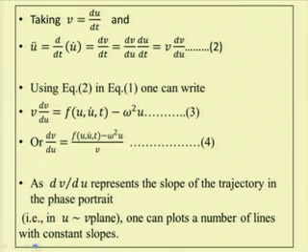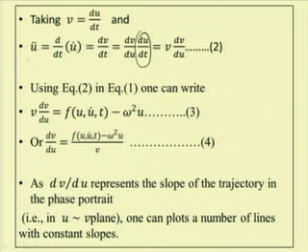So, one can write u double dot equal to d by dt of u dot, which is equal to dv by dt, which is equal to dv by du into du by dt, and as du by dt equal to v, u double dot equal to v into dv by du.